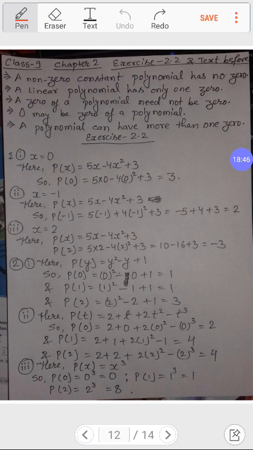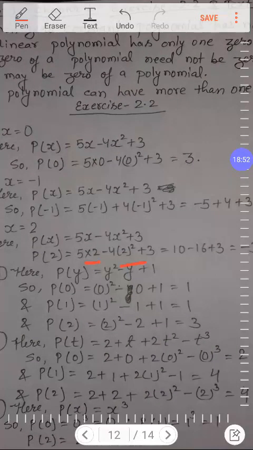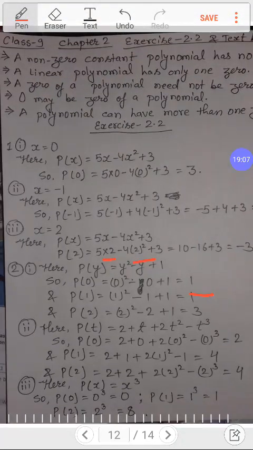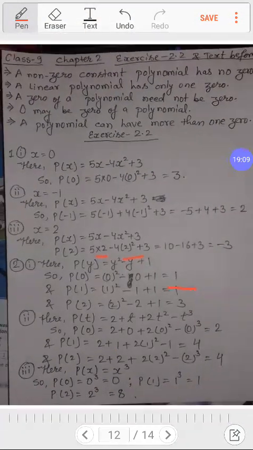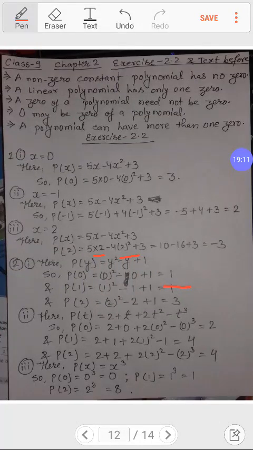In same way, if you will see x is equal to 2, when x is equal to 2, then what will happen? In place of x we will be keeping 2. So it will become how much? 5 into 2 minus 4 in bracket 2 square plus 3. So 5 twos are 10, minus 4 sixteens, plus 3. Okay, so 10 plus 3 is 13, 13 minus 16 is equal to minus 3.